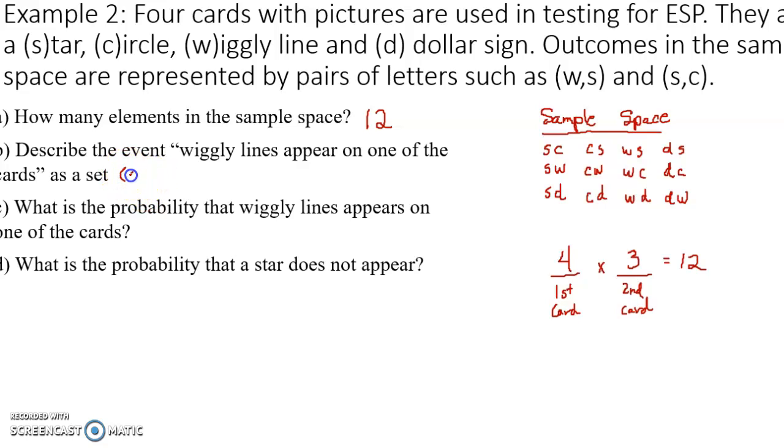Well, that will be an SW, a CW, I'm leaving the commas out here, a WS, a WC, a WD, and a DW.